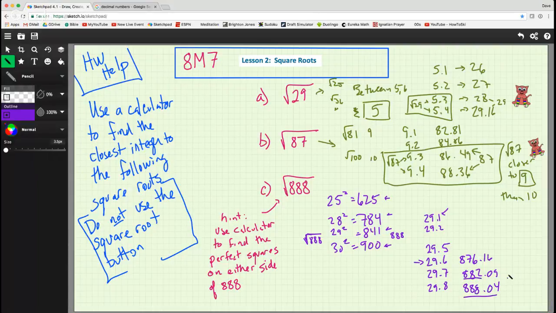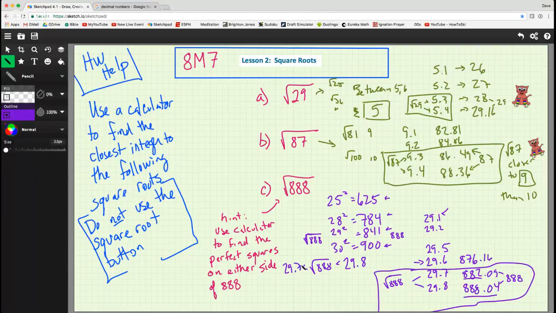So we have our two bounding numbers, 882 and 888.04. So 888 is between these two numbers. So the square root of 888 is between 29.7 and 29.8.